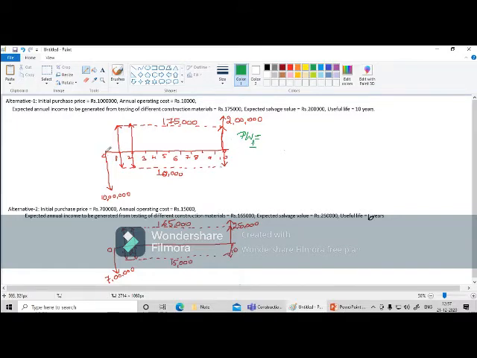If it is a single cash flow, it is a future. If it is distributed annually, it is annual worth from zero. So now I'll go from left hand side to right hand side. The first 10 lakh is the investment, which is a negative cash flow.